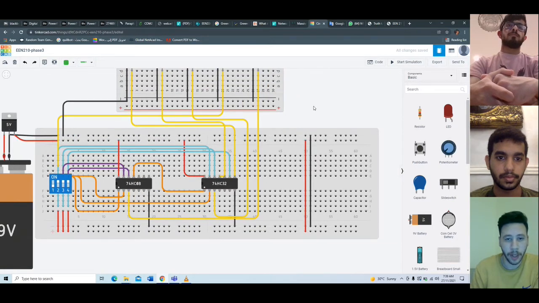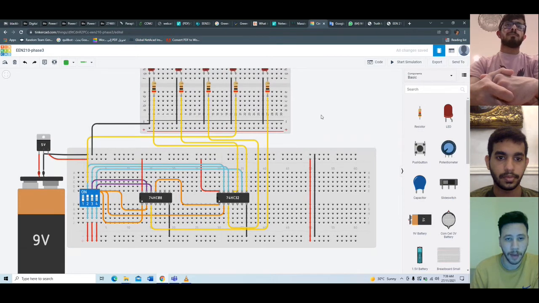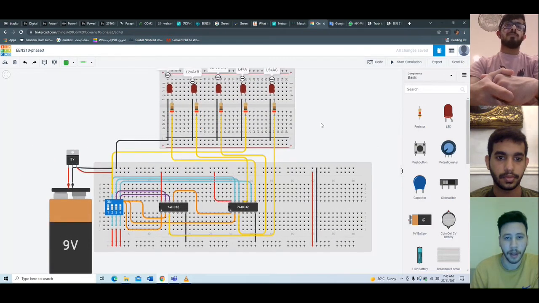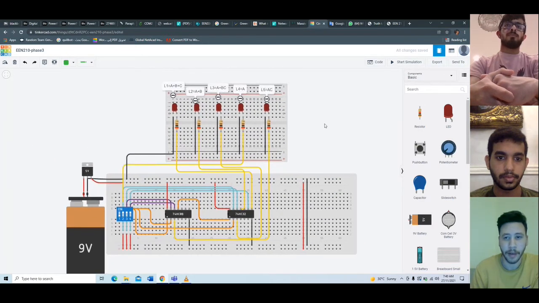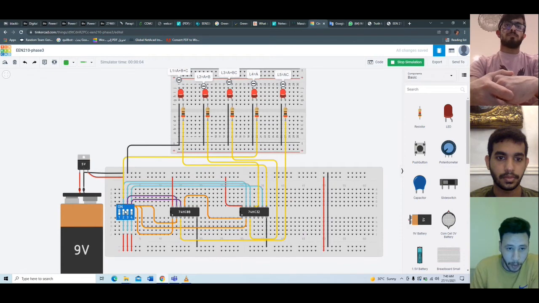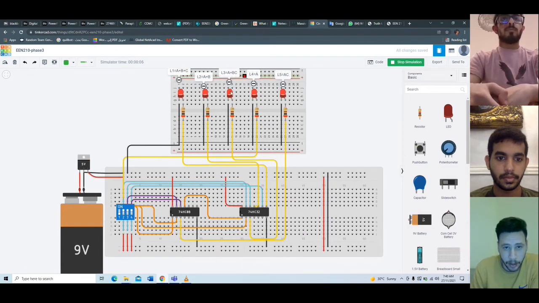Now I'm going to simulate our circuit and check the result together. First, if we set all of them to 1 1 1, all the lights are on. If we have 0 0 1, only lamp 1 is on.